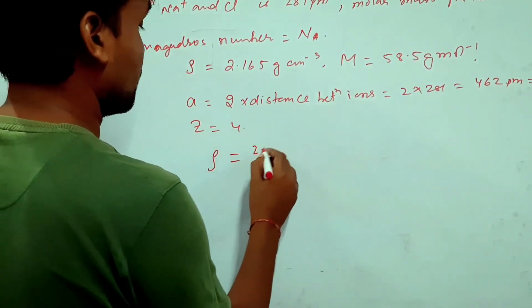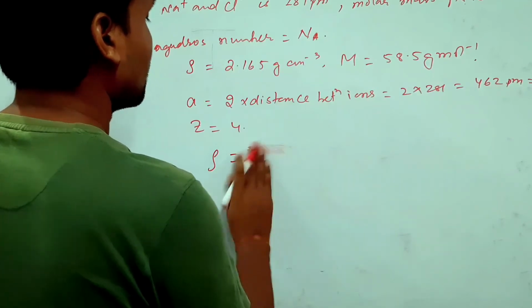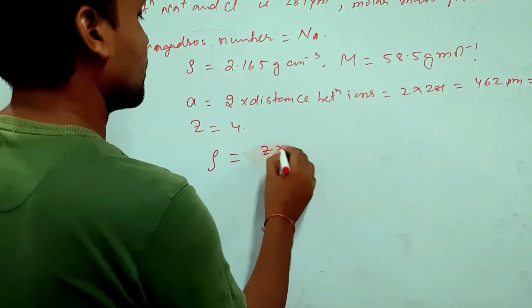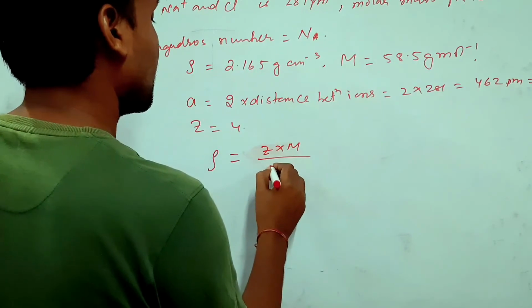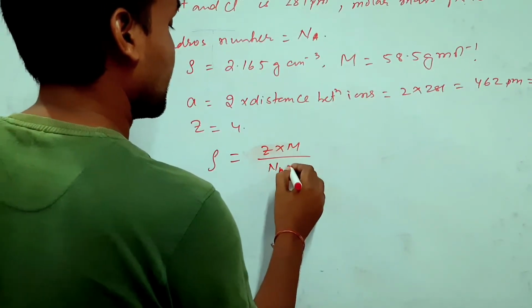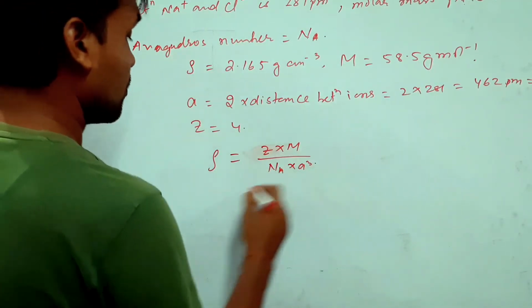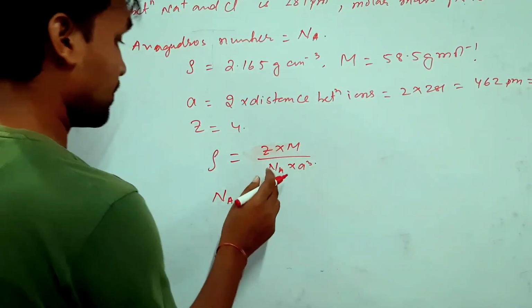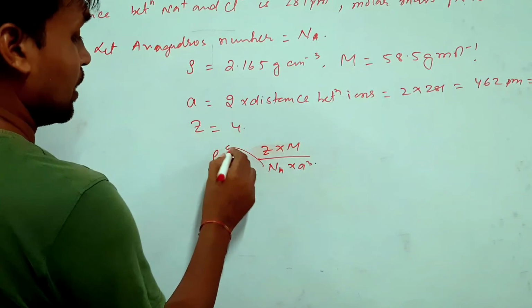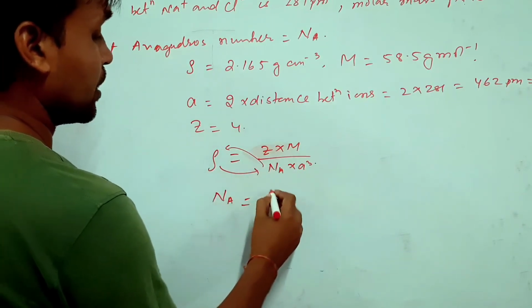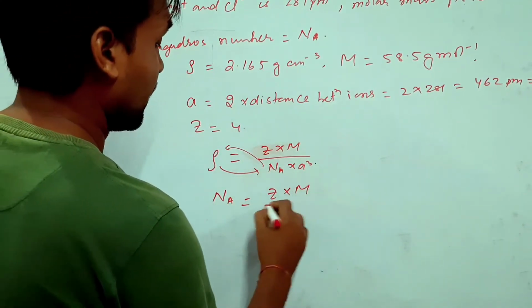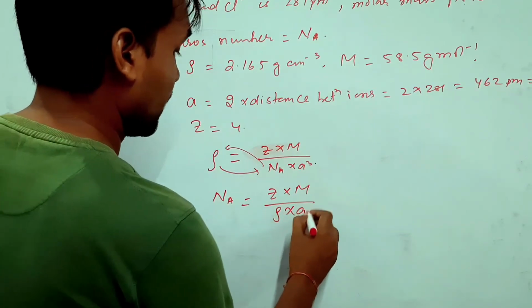Now we will use the formula. Rho equals Z into M by Na into a cube. This is the formula. We are asked to find Na, so we write here Na. This one you bring to this side, and that one you take there. So Na equals Z into M by rho into a cube.